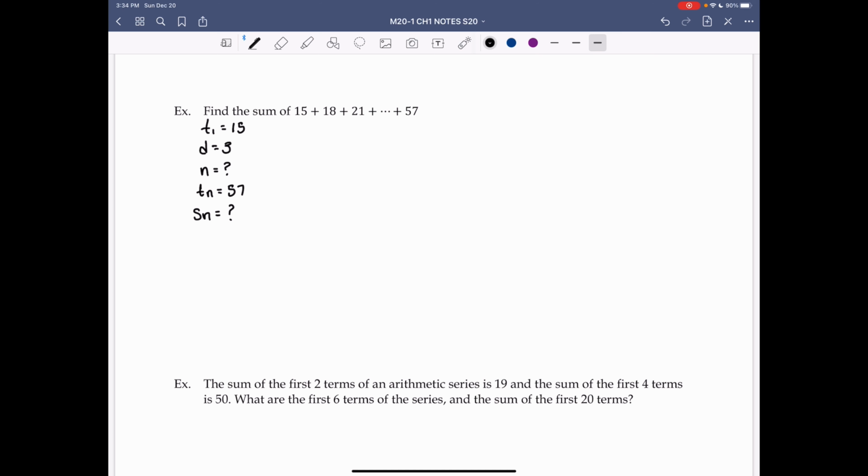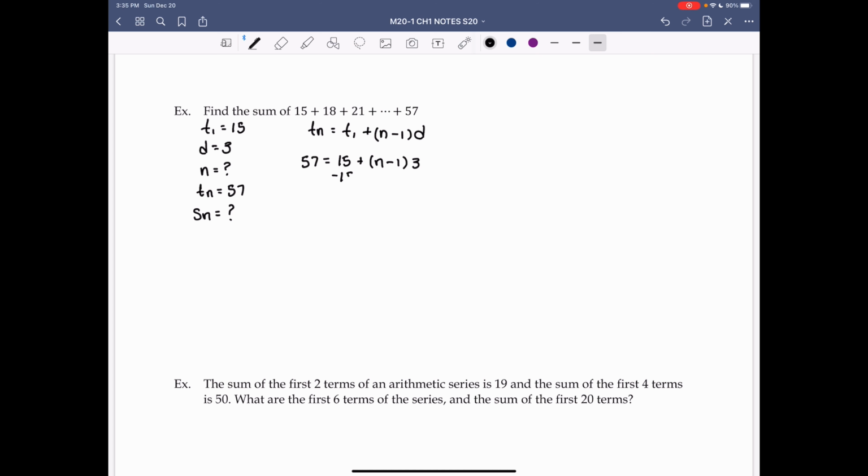So the general term formula, Tn equals T1 plus n minus 1 times d. Our Tn is 57 here. 57 equals T1 is 15 plus n minus 1 times d, which is 3. And then solve for n.